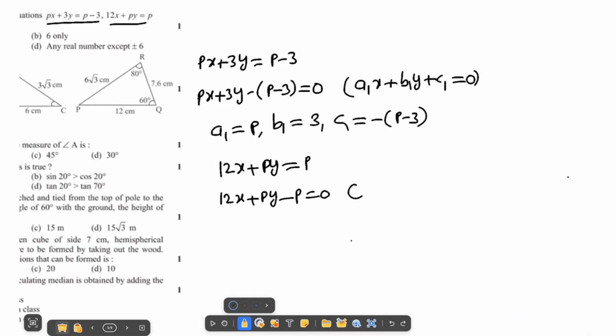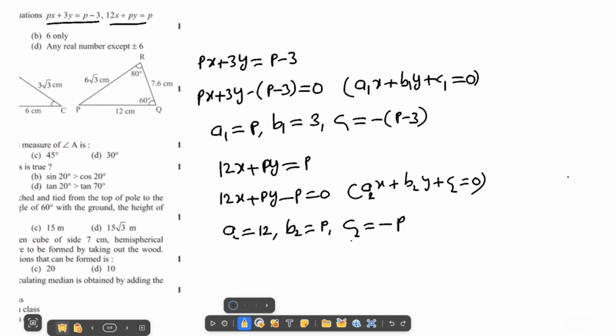Let's compare with the second general equation, a2x plus b2y plus c2 is equal to 0. Comparing, the coefficient of x, a2, is 12, the coefficient of y, b2, is p, and the constant term c2 is minus p.